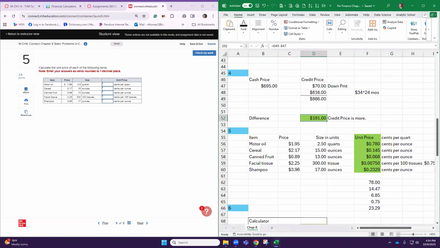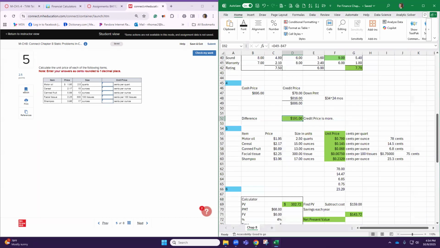So, products are usually packaged a certain way, by the ounce, by the quart, X amount of tissues, whatever. So we got 5 items here that we're going to break down based on the price of the item and the unit measurement. And now we're looking at cents here.